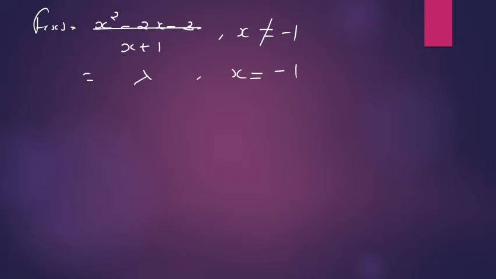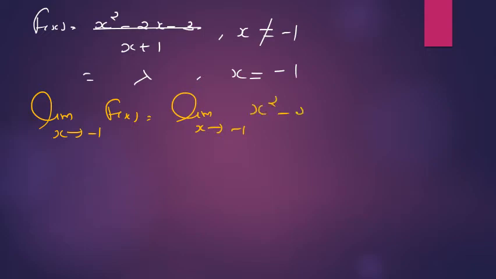So here what do you have to find out? The limit as x tends to minus 1 of f(x) is equal to the limit as x tends to minus 1 of (x squared minus 2x minus 3) by (x plus 1), which is equal to the limit as x tends to minus 1.